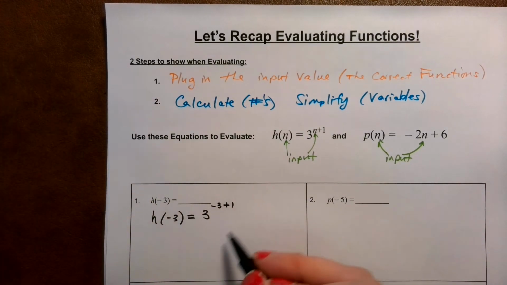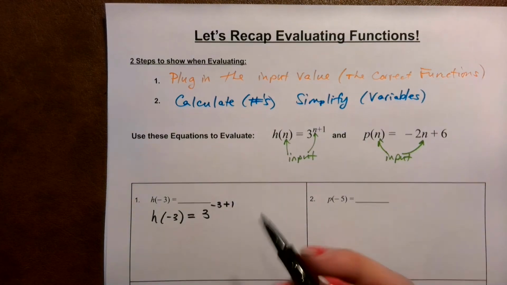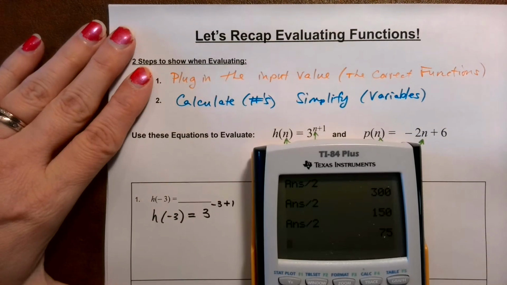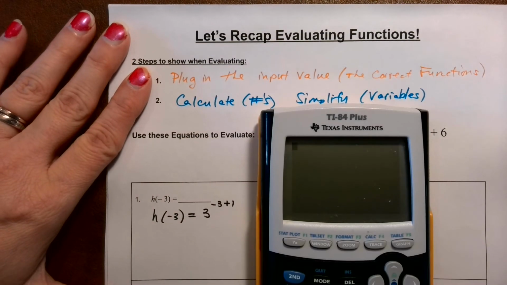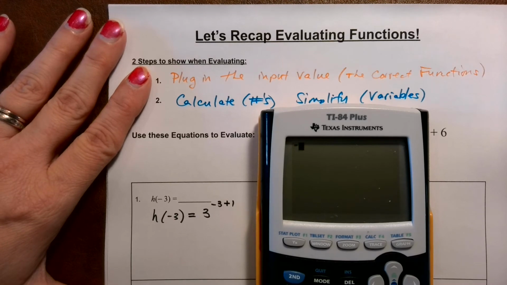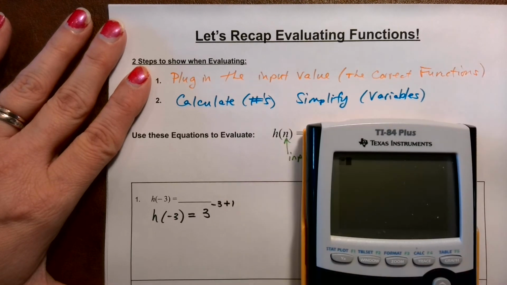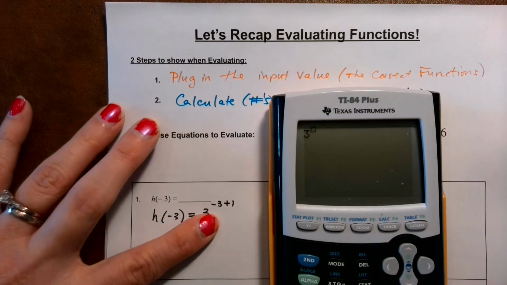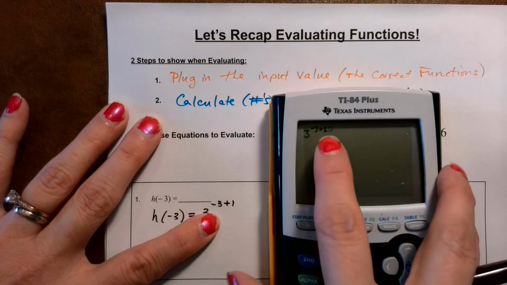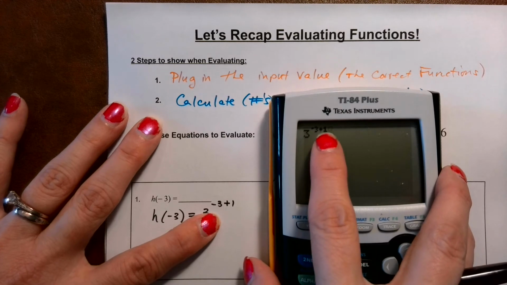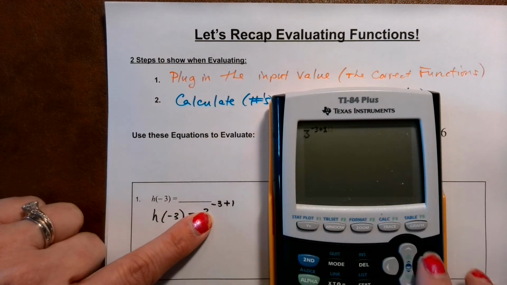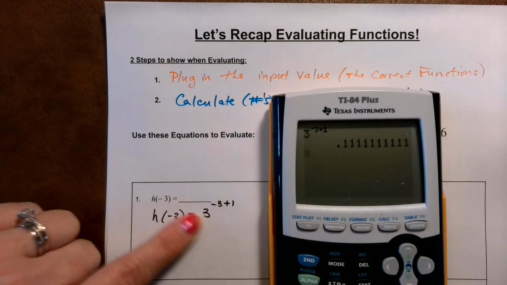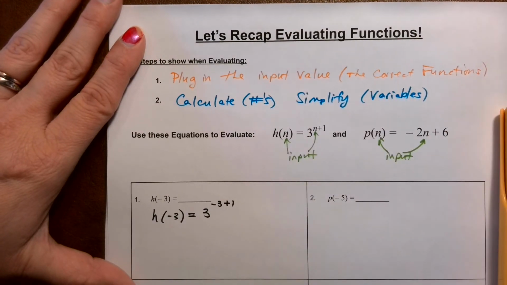We can go ahead and type all that into the calculator. If you get your calculator app open, I'm going to take 3 to the power of negative 3 plus 1. Make sure everything you type is in the exponent. And then when you hit enter, I get 0.1111.